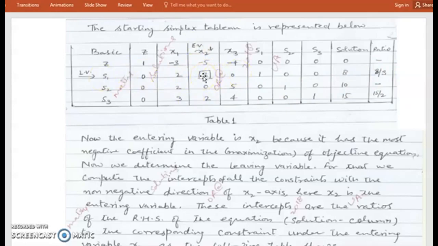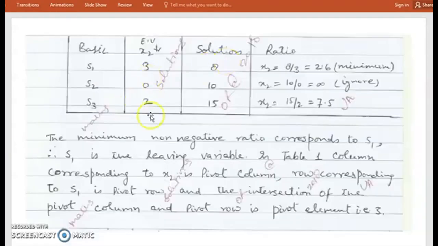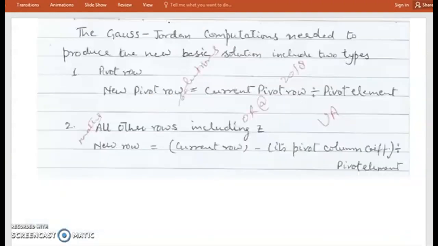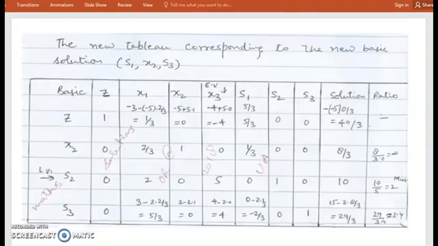Now we need to do some further calculation, which I have shown again in this table. This is the basic variable, entering variable, solution, and here we are finding ratios, and this one is the minimum. For further calculations we need Gauss-Jordan. So we write the next table with the help of the above formulas.